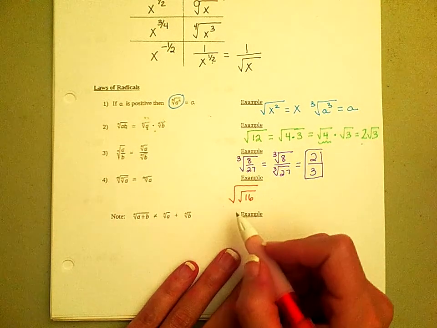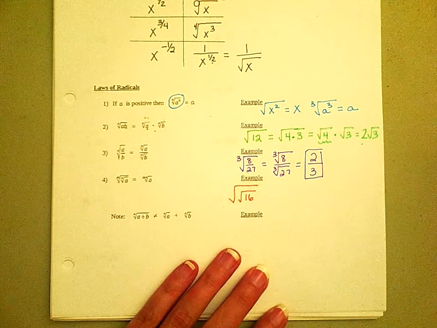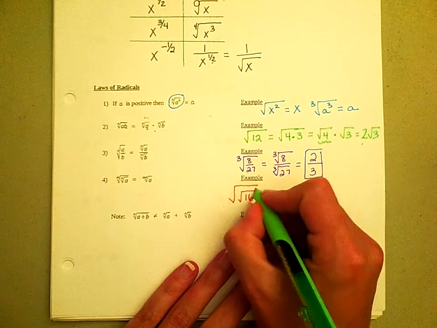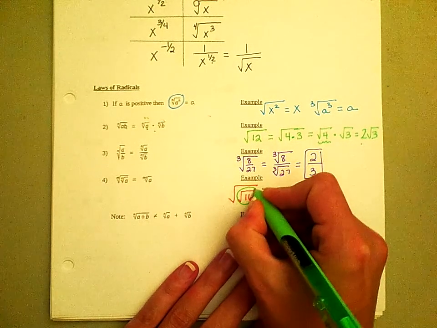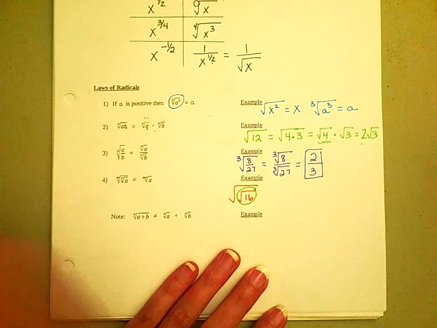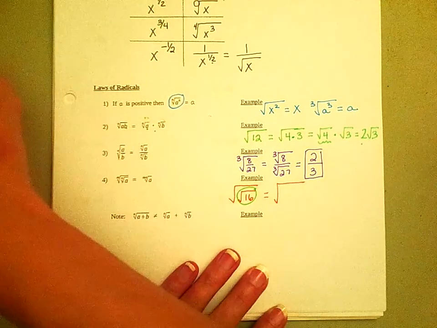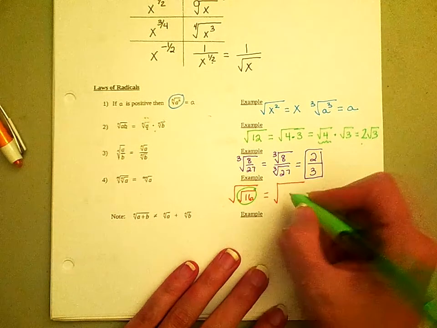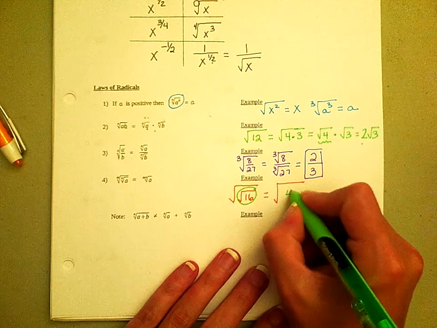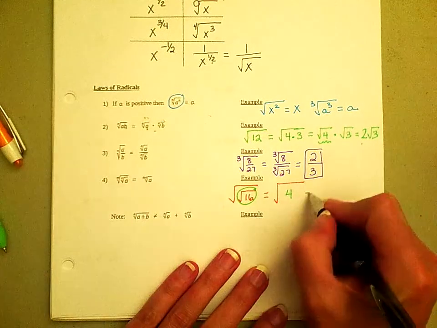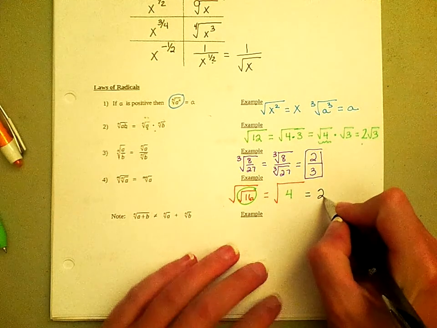So say, for example, I want to take the square root of the square root of 16. Okay. Well, the square root symbol is a grouping symbol, so we would just normally say, okay, I'll keep the outer square root, and 16, the square root of that is 4, and then I could take the square root of 4, which would be equal to 2.